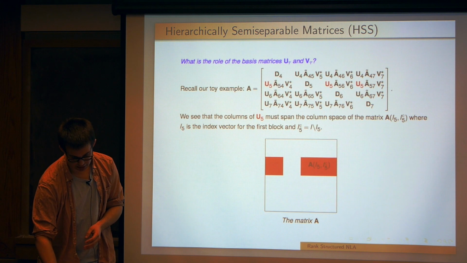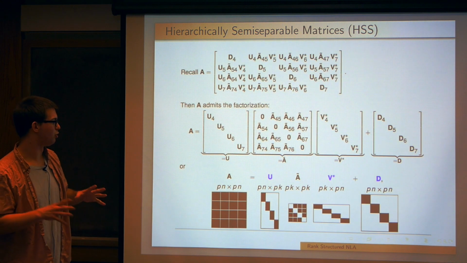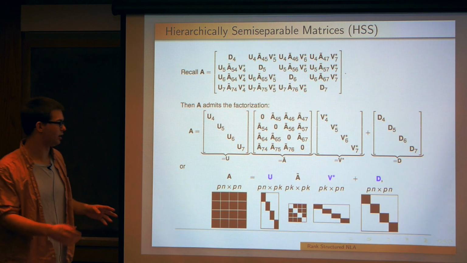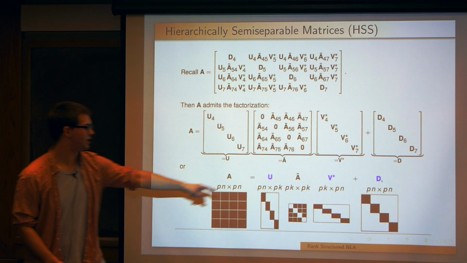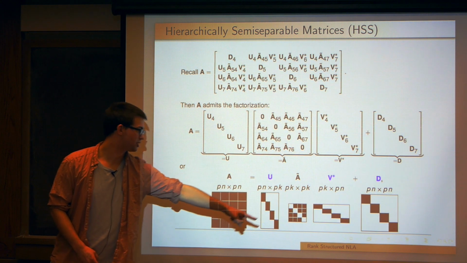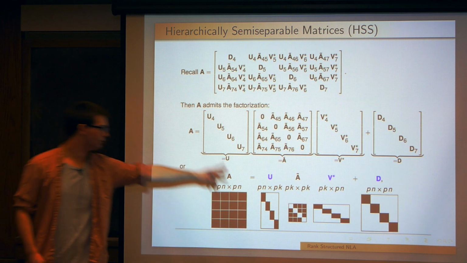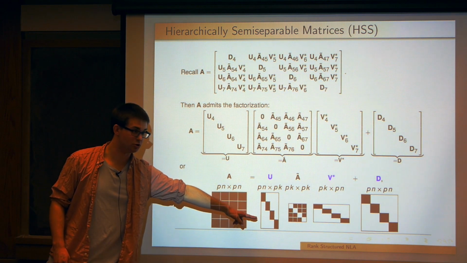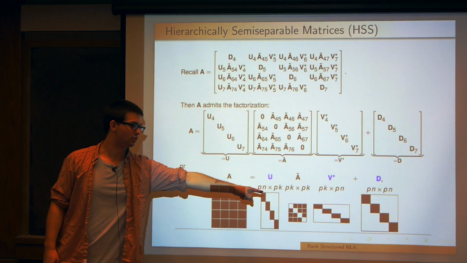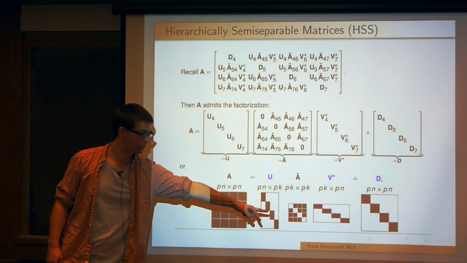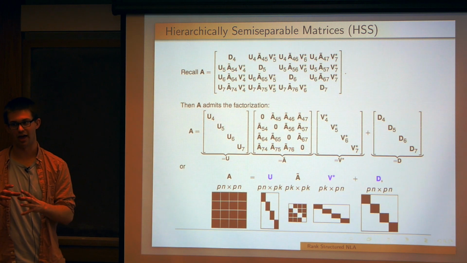Okay. So in this single level, what we're really doing is writing our matrix A as a block diagonal matrix plus the product of the block column basis U for every row, the basis for all the block columns, and this matrix A tilde, which I'll define in a little bit how we get.